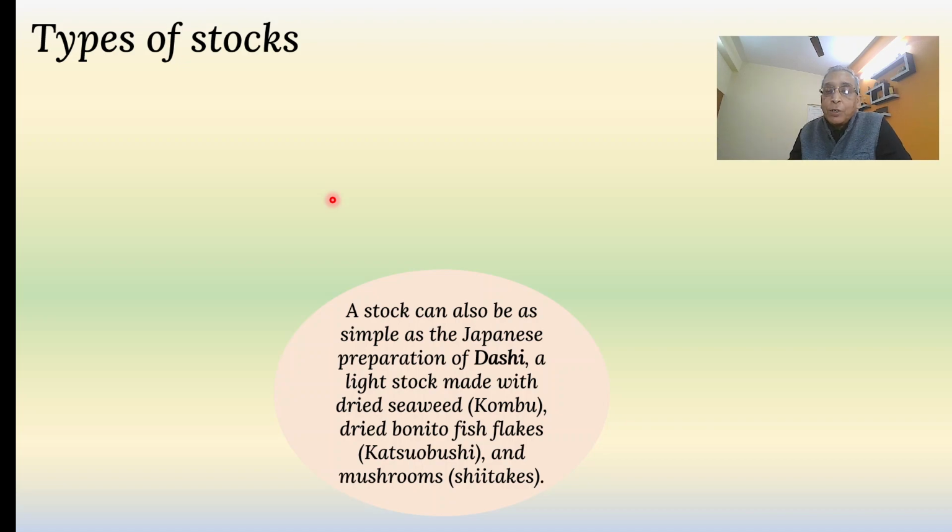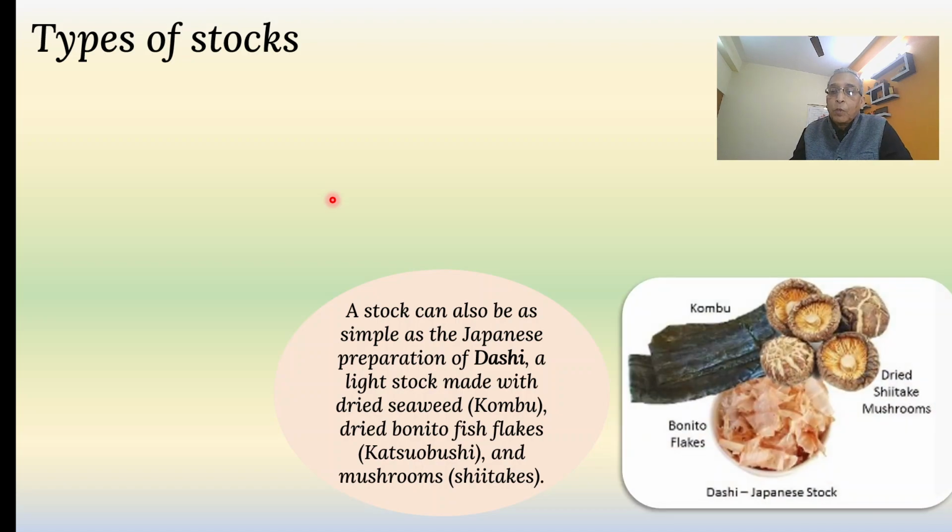So it is a combination of kombu, katsuobushi, and shiitakes. You get a Japanese stock known as dashi. You can see in the image, this is kombu, dried shiitake mushrooms, and bonito flakes, which is known as katsuobushi. These are three things majorly used for making a dashi, a Japanese stock.